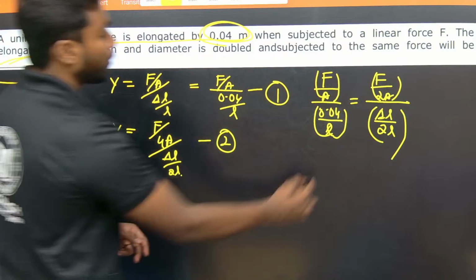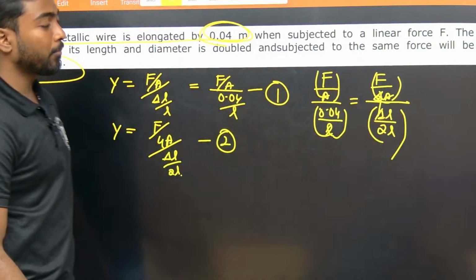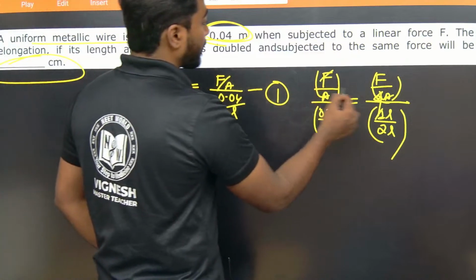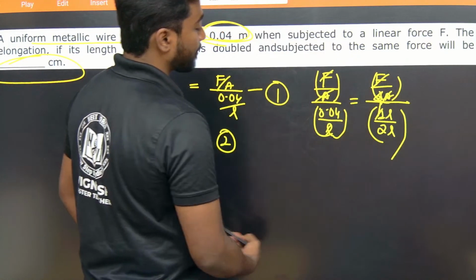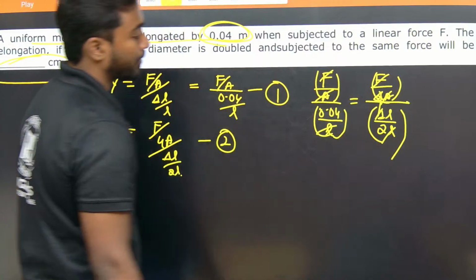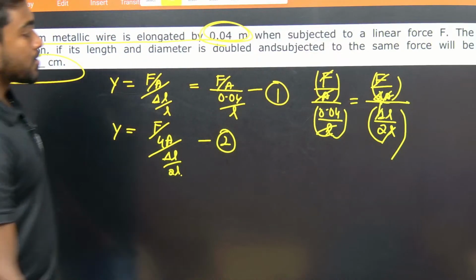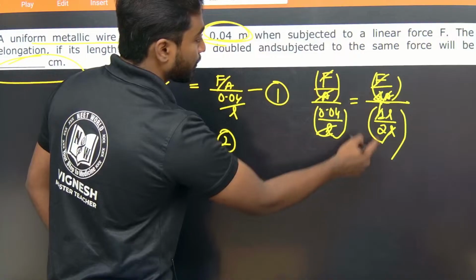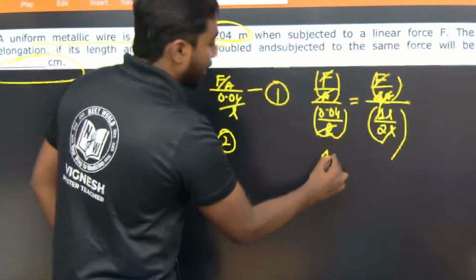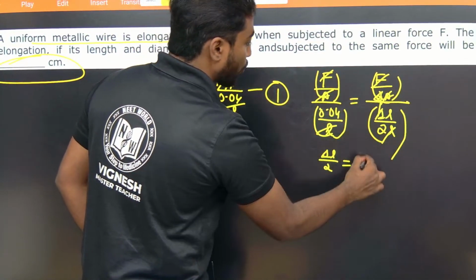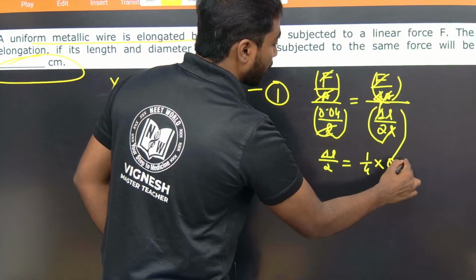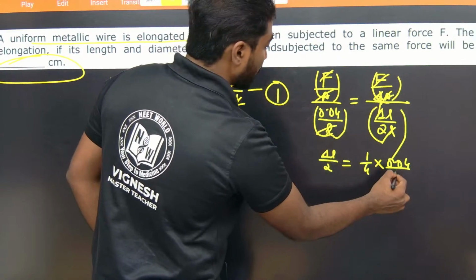So this is 4A, yes, it is 4A, not 2A. So F and A will get cancelled, and L and L also get cancelled, right? So cross multiply it. So delta L by 2 will be equal to 1 by 4 into 0.04 divided by 1, that's it.